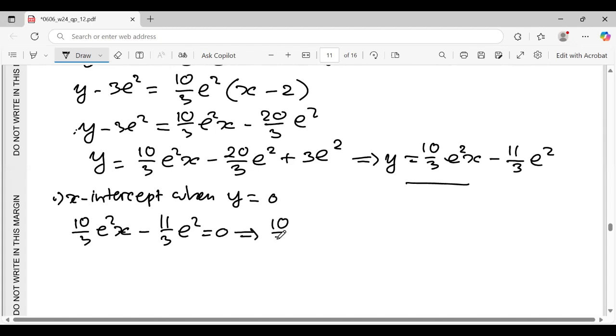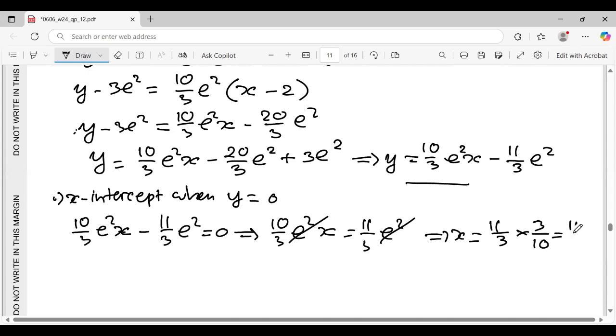So 10 thirds e squared x equals 11 thirds e squared. e squared divided by e squared equals 1. So x equals 11 thirds times 3 over 10, which is 11 over 10. So the coordinate point is (11 over 10, 0).